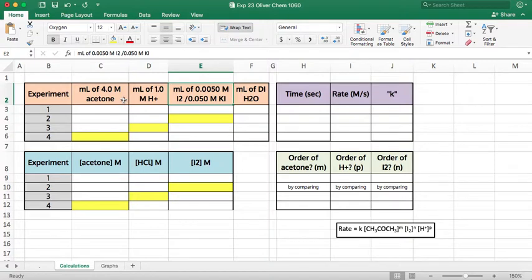For example, we don't know that this is true or not, but let's just say for a second that acetone can run really fast, super fast, and this one can only run medium, and this one is walking with a cane and is very slow.